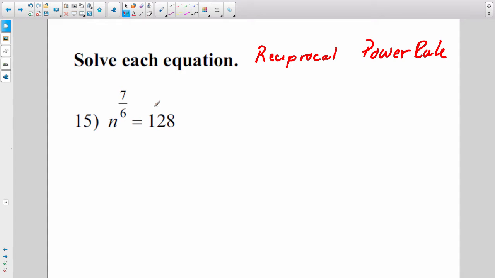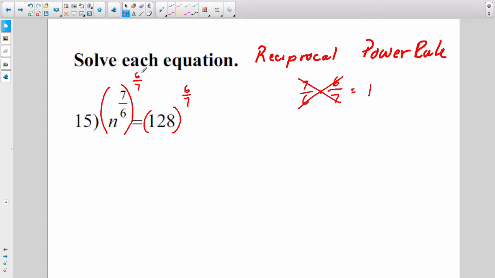So watch. We see 7/6, right? So the reciprocal of 7/6 is 6/7, because what happens when you multiply these two fractions is you get a 1. So we can go over here, and just like we divided both sides of the equation by 2 before, right? We can raise both sides of this equation by the 6/7 like this. As long as we do it to both sides, we're fine.